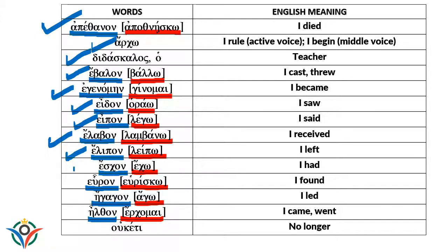And then we have eskon, which comes from echo, and it means I had. Then we have huron, which comes from heurisco, and that means I found. Then we have agagon, which comes from ago, and it means I led. Then we have eilthon, which comes from erkamai, and that means I came or I went. And finally, we have ouketi, and when you see ou, it should tell you that it's a negative, and this means no longer.